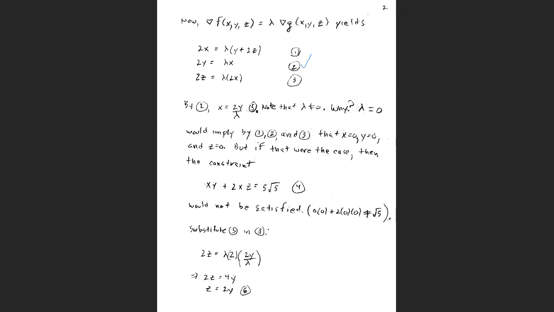If I substitute equation 5 in equation 3, I get 2z equals lambda times 2 times 2y over lambda, and the lambdas simplify out. And so you'll get 2z equals 4y, so z equals 2y. I'll call that equation 6: z equals 2y.